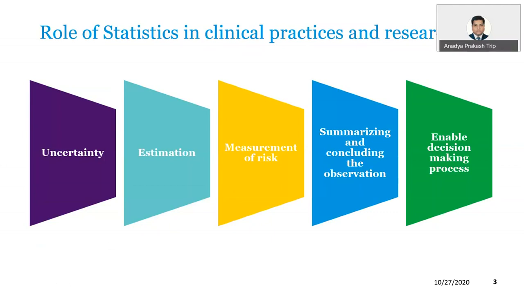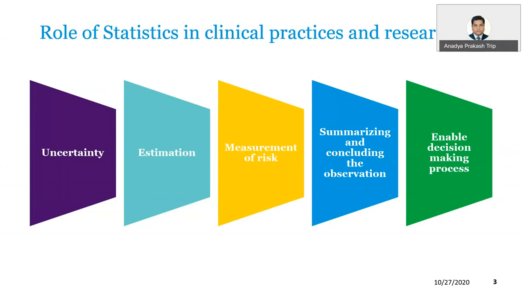There also we need the help of statistics to summarize that. Sometimes we want to measure the risk, the go-no-go decision, what kind of merit, demerit in terms of absolute risk or absolute benefit we have. This also can be taken care of to some extent with statistical methodology.